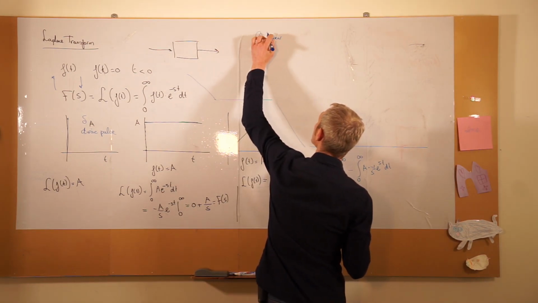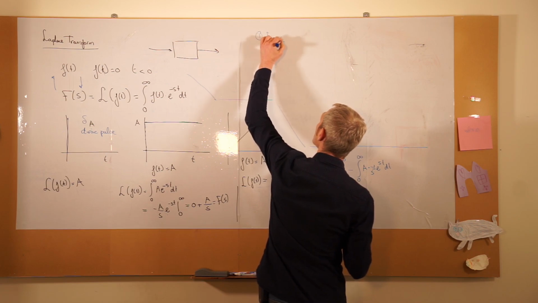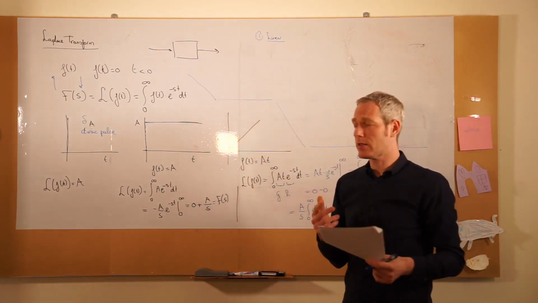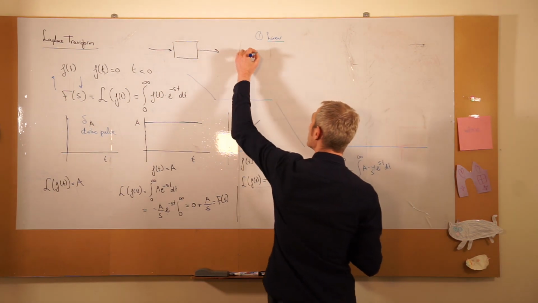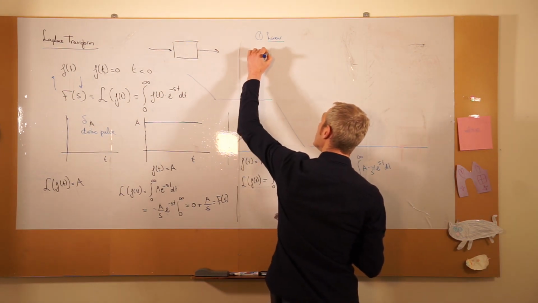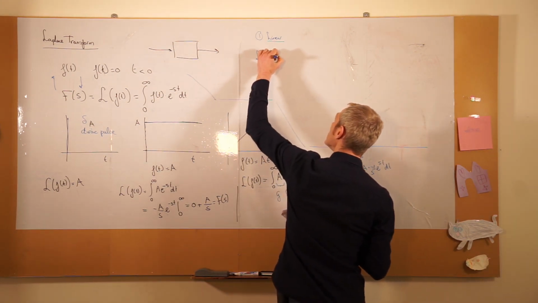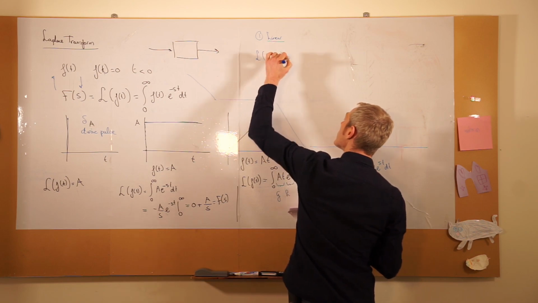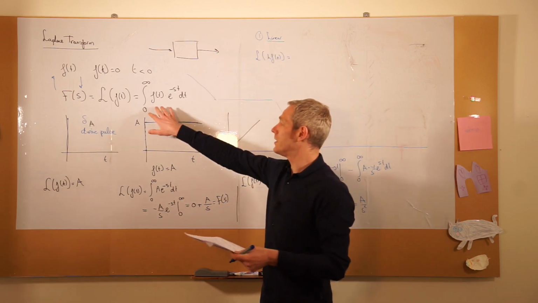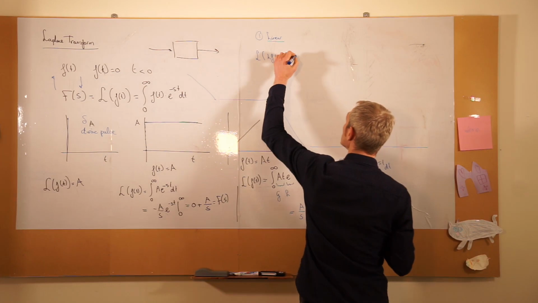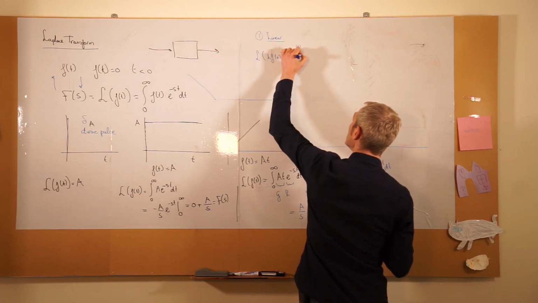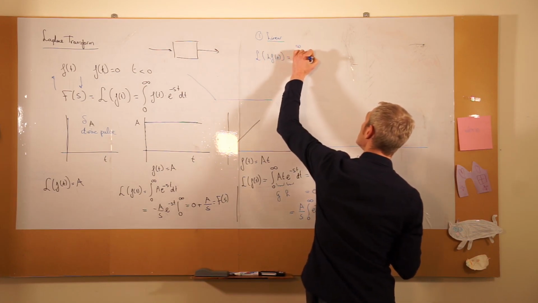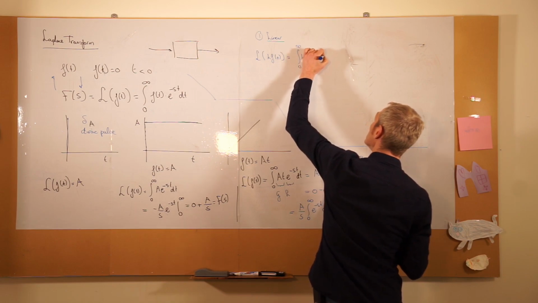It is linear. And that means the following. If I take the Laplace transform of a constant times a function, well, we can use the definition of the integral. That is the integral from 0 to infinity of k times f(t) e to the power of minus st dt.